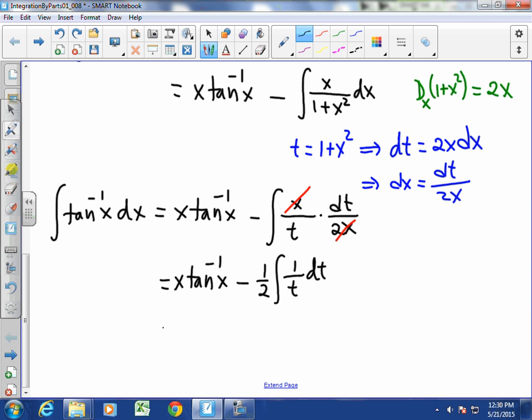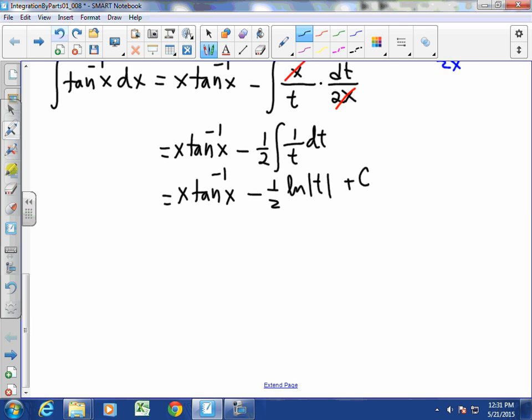In this case, if you integrate 1 over t dt, it is ln of absolute value of t. So we have x tangent inverse of x minus 1/2 ln of absolute value of t plus constant.